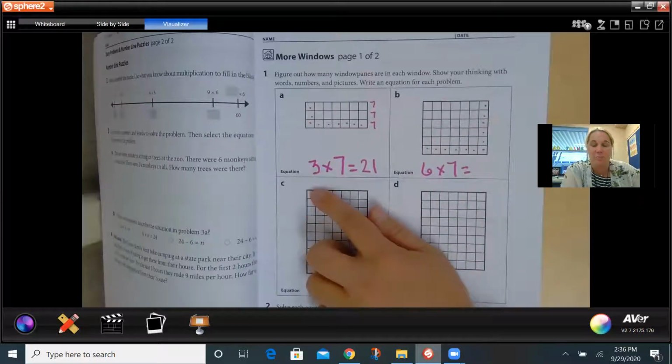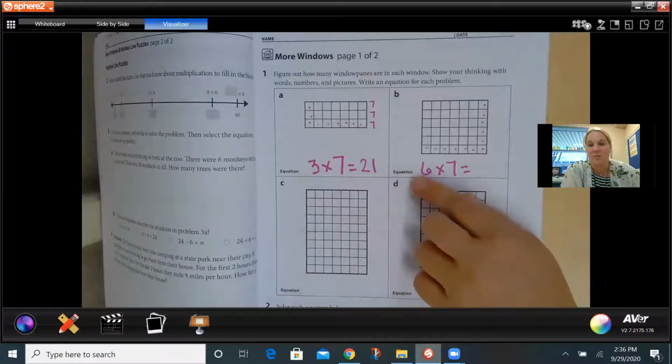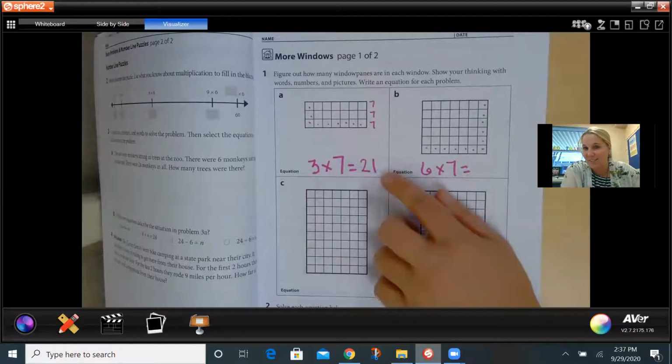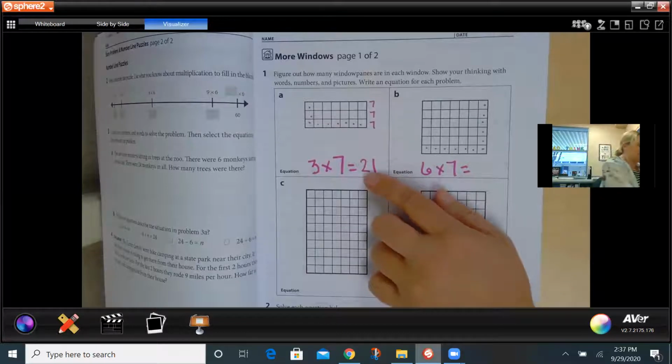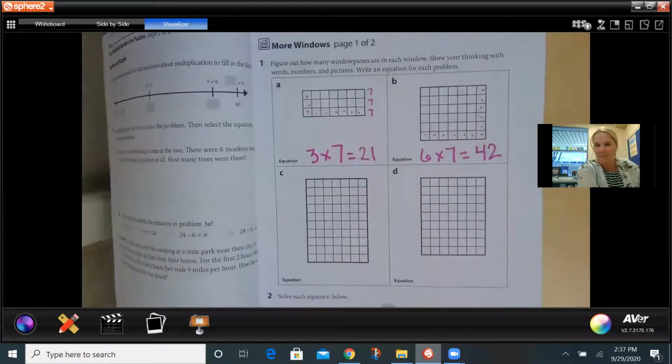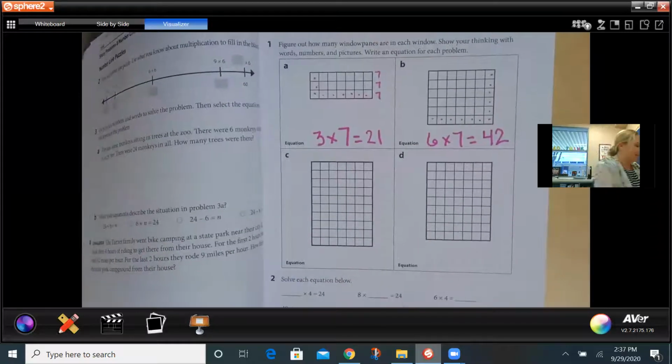This is 3 groups of 7, and this is 6 groups of 7. So it looks to me like this is double what this is, right? So let's double that 21. We're going to double it, and it's going to be 42. Is that what you guys got too? I wonder. All right, moving on.